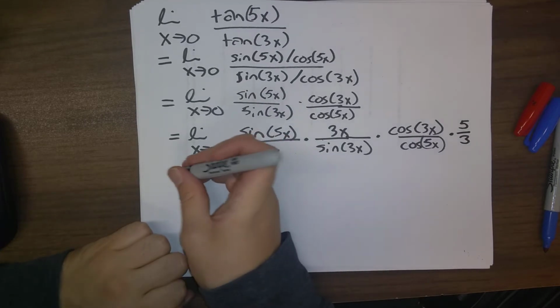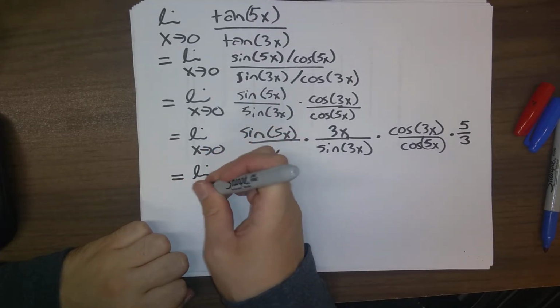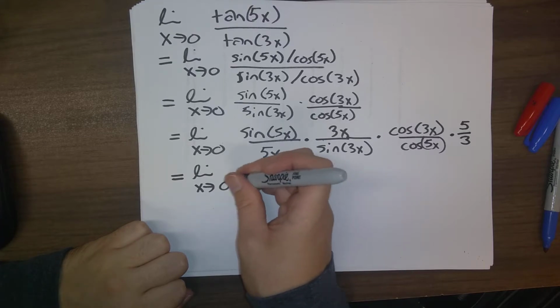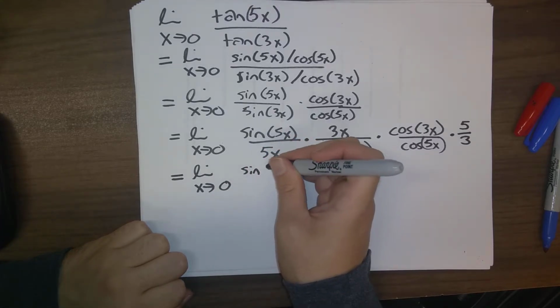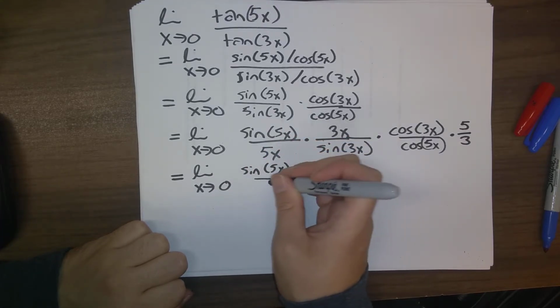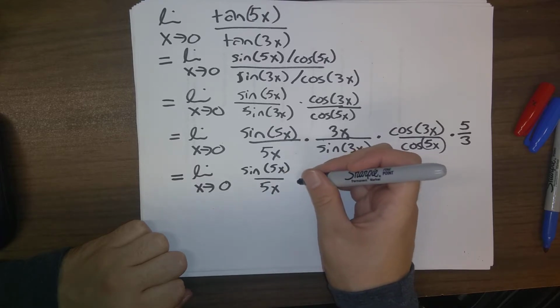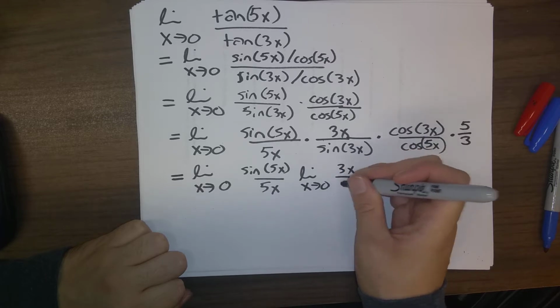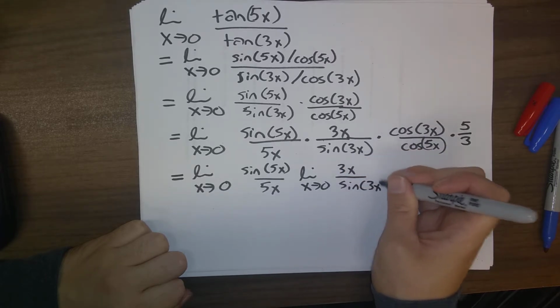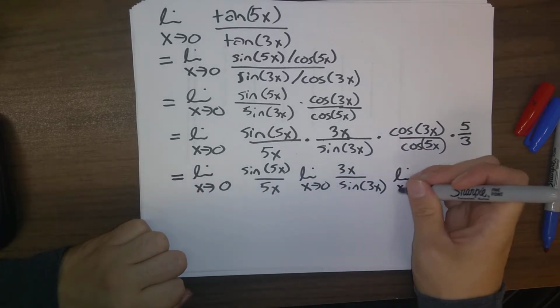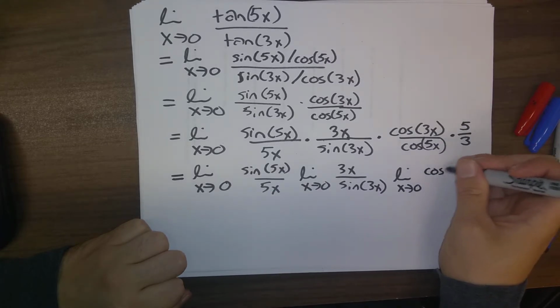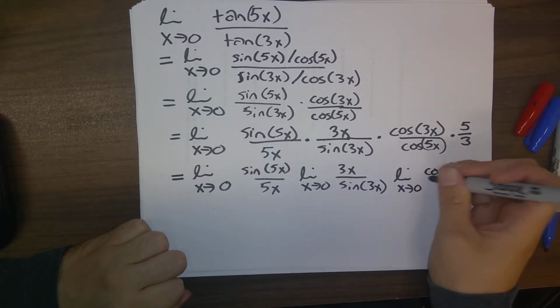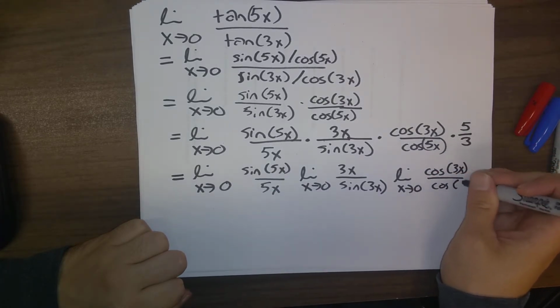And so by the product law, we can break this up as the limit as x goes to 0 of sine of 5x over 5x, times the limit as x goes to 0 of 3x over sine of 3x, times the limit as x goes to 0 of cosine of 3x over cosine of 5x.